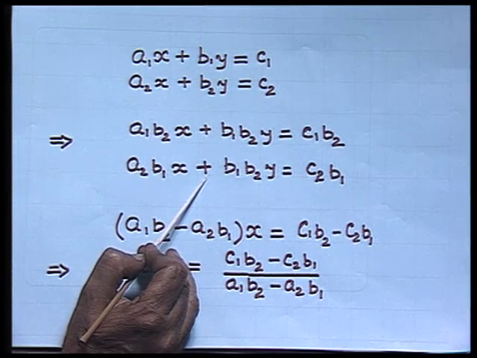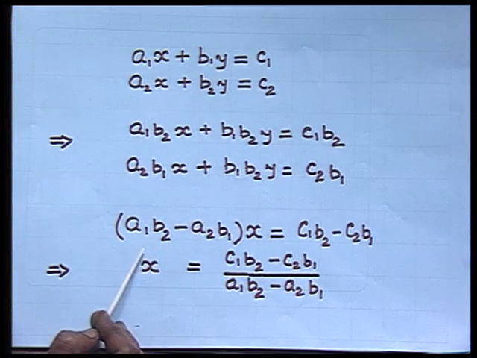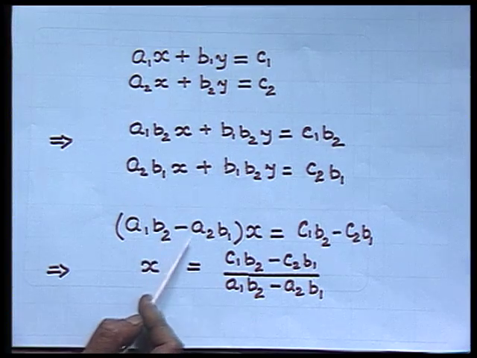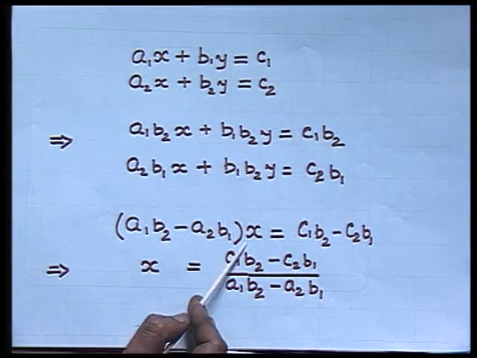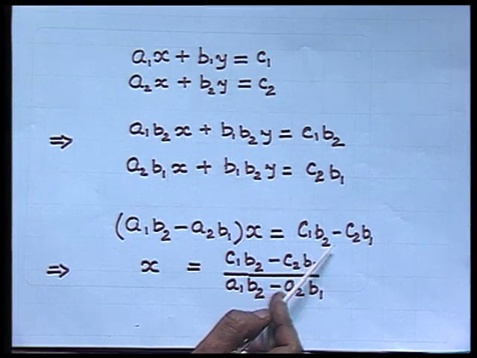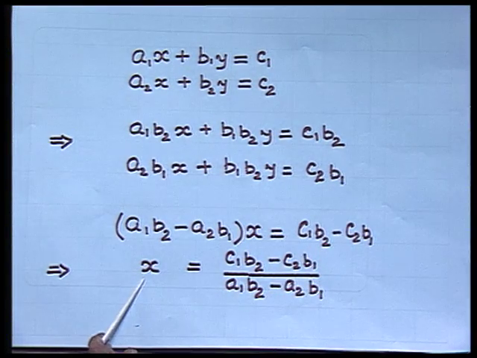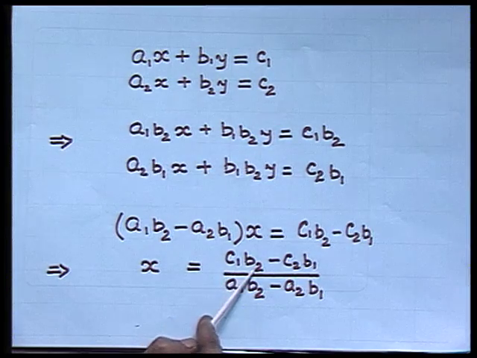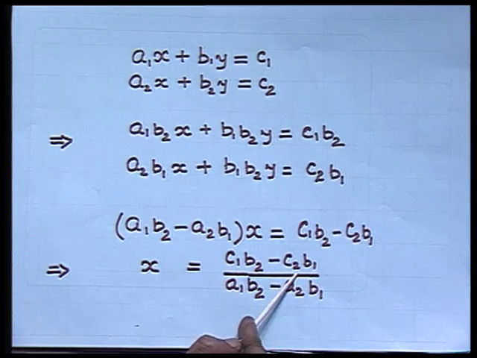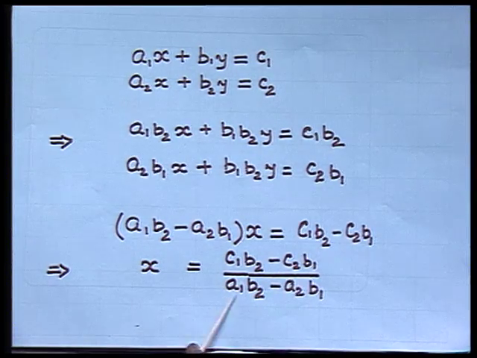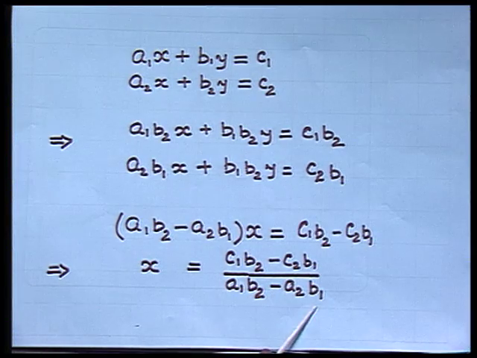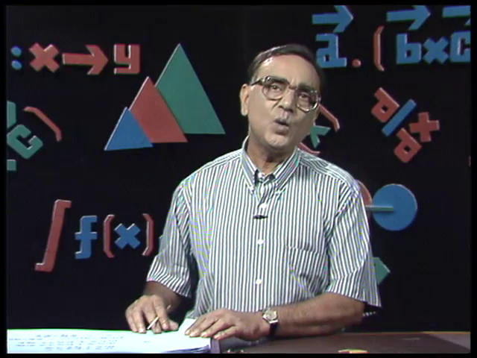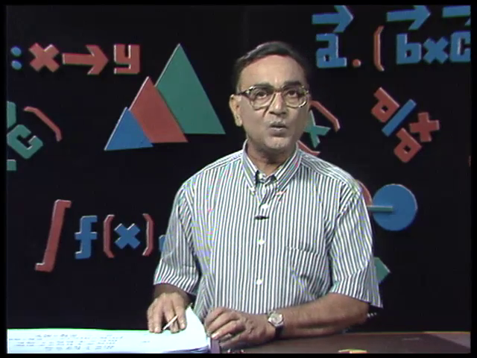So, what do I need to do? We have to subtract. On subtraction, I will get (a1 b2 minus a2 b1) times x equals c1 b2 minus c2 b1, and from there I get the value of x as (c1 b2 minus c2 b1) upon (a1 b2 minus a2 b1).